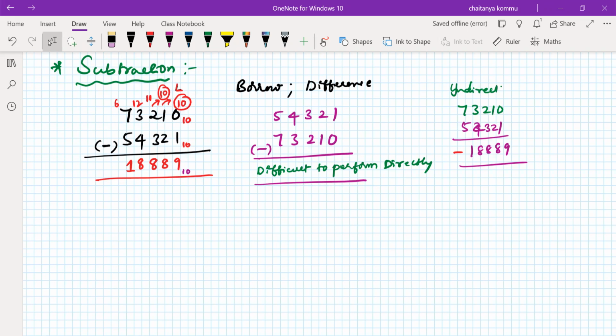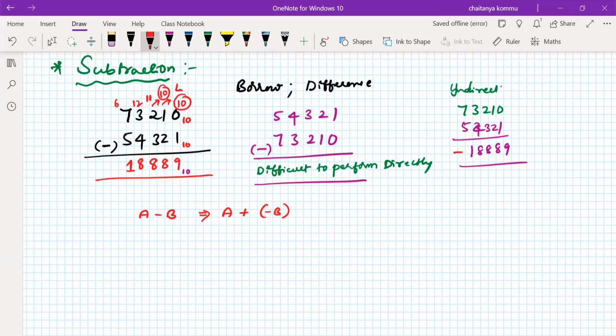Instead of performing the subtraction operation, I do the addition only. How do we do this? Instead of doing A minus B directly, what I'm going to do is write A plus minus of B.